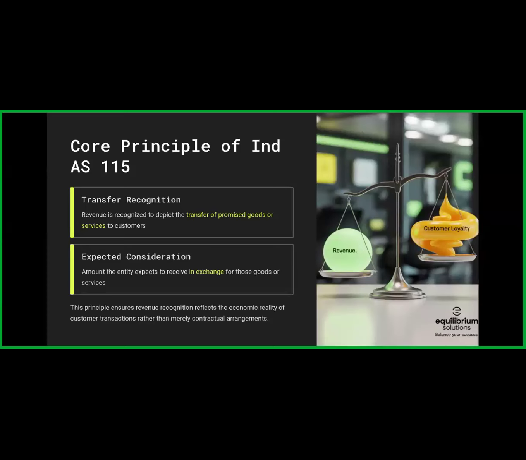For example, we go to a shop and we purchase a pen. First, when I ask any shopkeeper for a pen, he will give us a pen, that is the transfer of promised goods or services to the customer. And after that, the expected consideration is the amount the entity expects to receive in exchange for those goods and services.